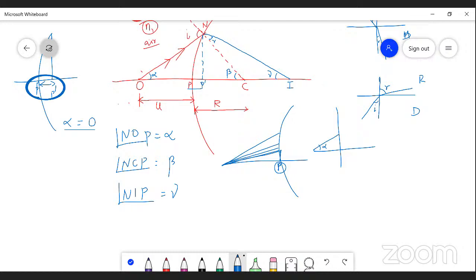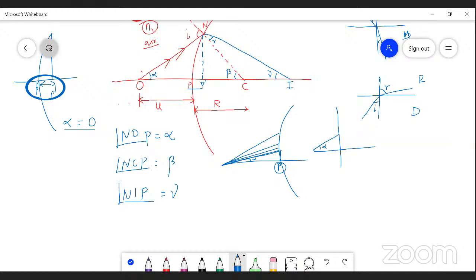Consider the same point at the smallest angle of incidence. So NIP is gamma, NCP is beta, and NOP is alpha, very small angles.